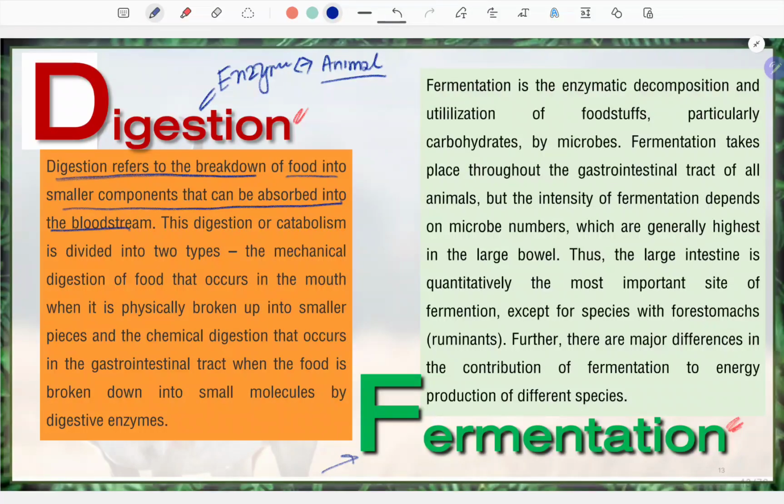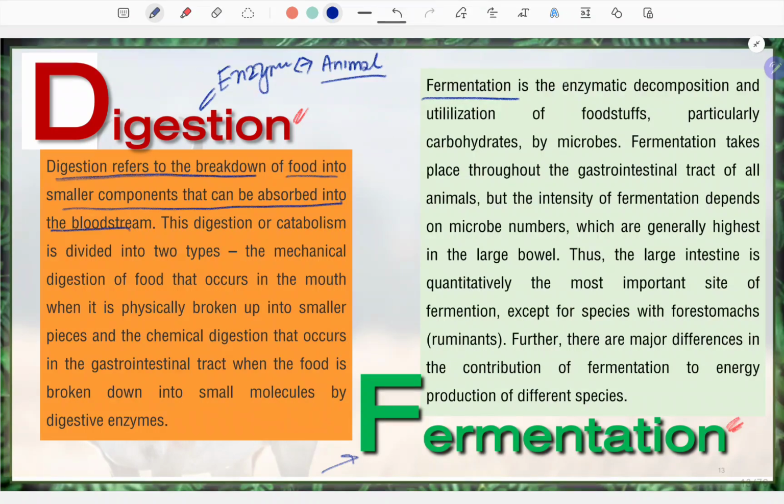And what about fermentation? The fermentation process is the role of microbes in the gastrointestinal tract, especially in ruminants. It comes from the rumen, a big sac and one of four compartments in the gastrointestinal tract.